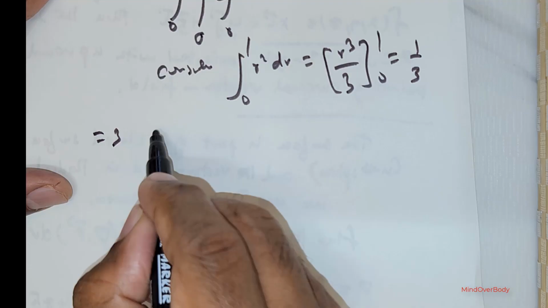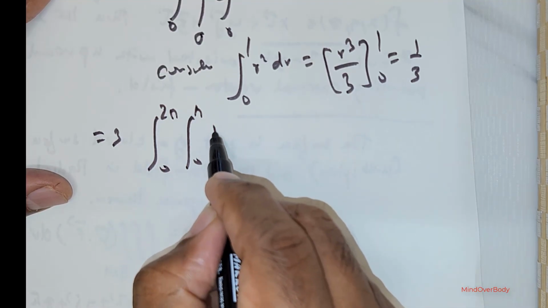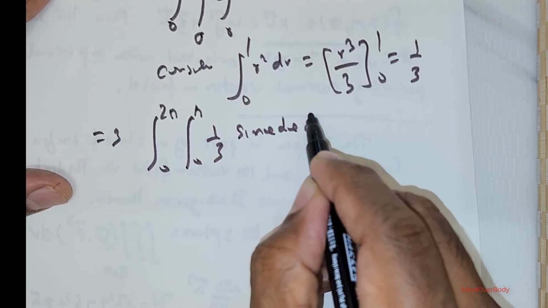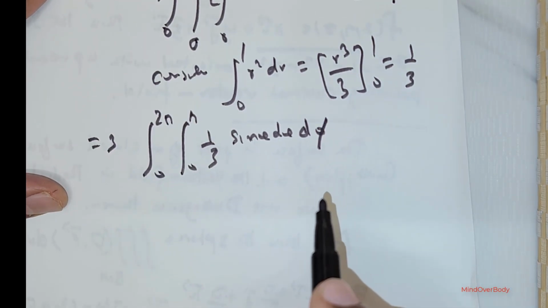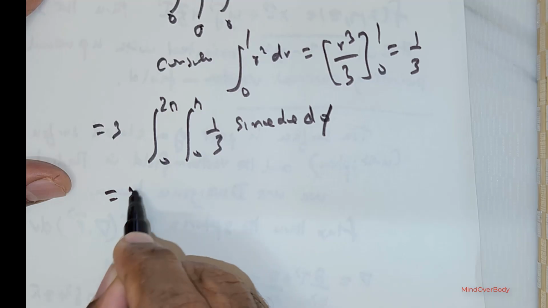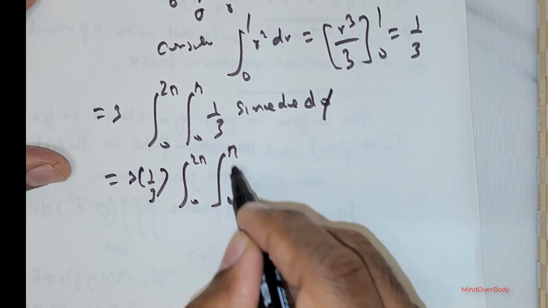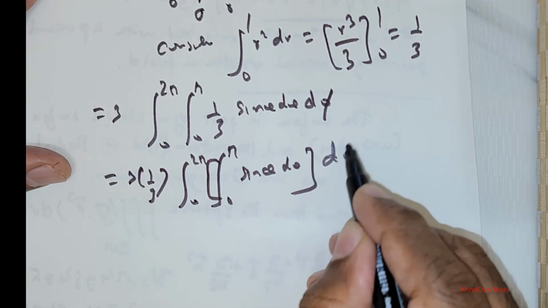So this is going to be 3 times the integral from 0 to 2 pi, 0 to pi, of 1 over 3 sine theta d theta d phi. So 1 over 3 can be brought out. So you have 0 to 2 pi, 0 to pi of sine theta d theta. This is going to be integrated and d phi will follow.